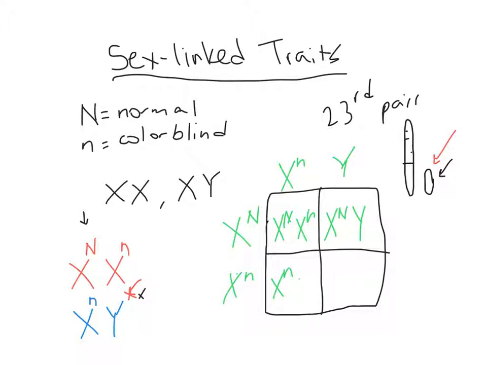X little n, X little n, colorblind female right there, and X little n, Y, colorblind male. So in this case, 25% of the kids would be colorblind females, 25% would be normal females, 25% would be colorblind males, and 25% would be normal males.